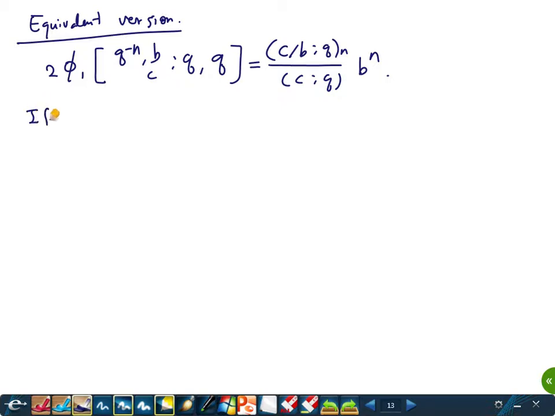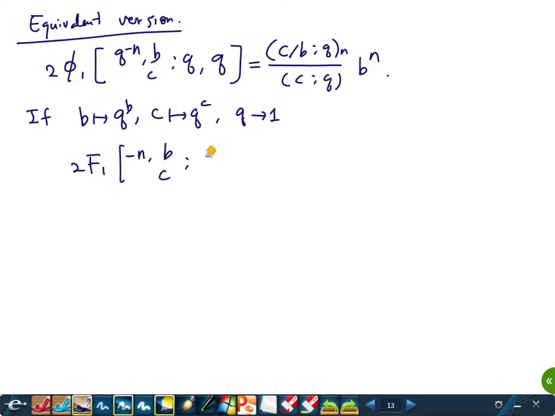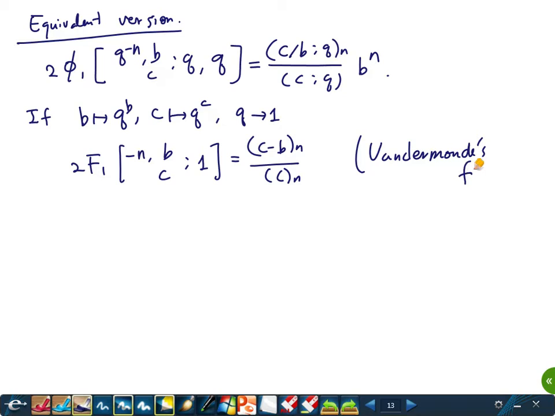And here, if B is replaced by q to the B, C replaced by q to the C, and q approaches 1, then we get 2F1(-n, B; C; 1) equals (C-B)_n over (C)_n. This is called Vandermonde's formula.